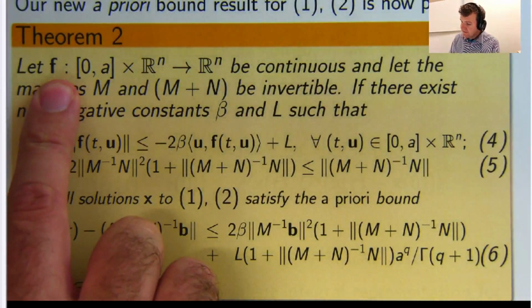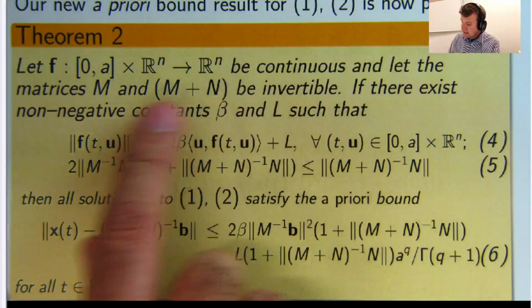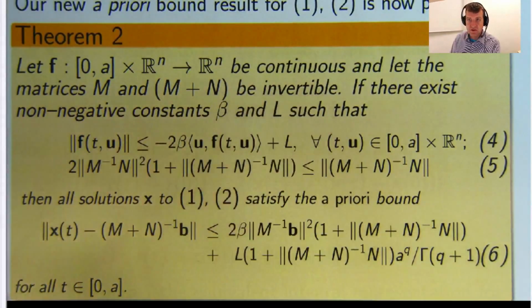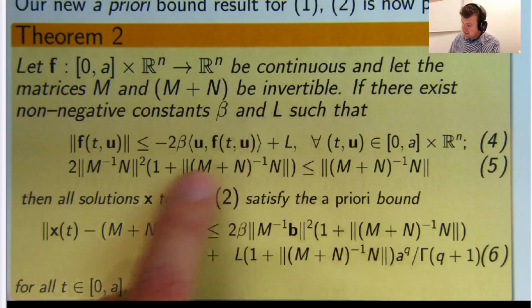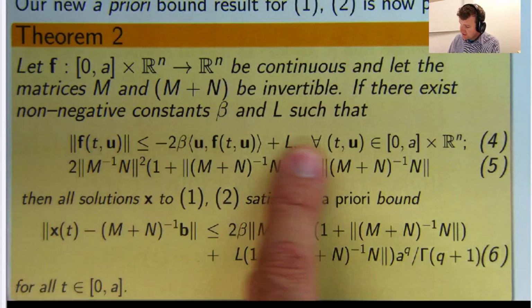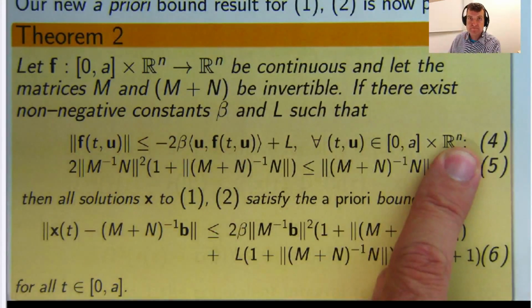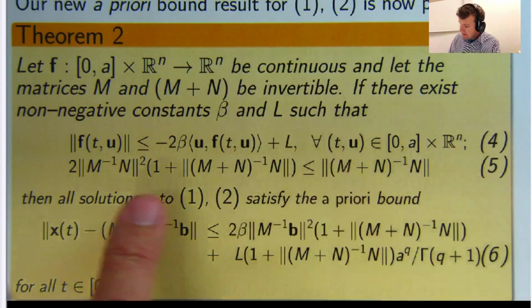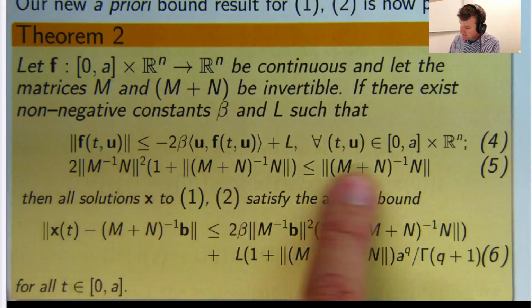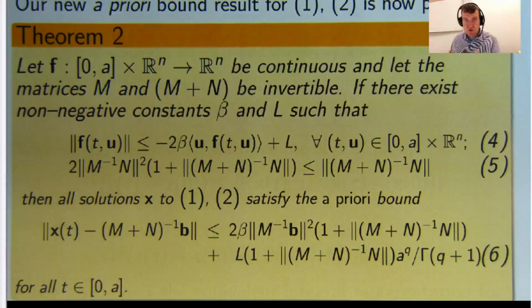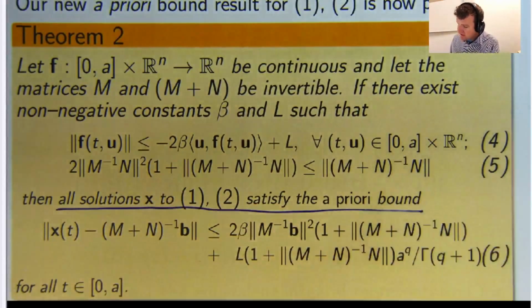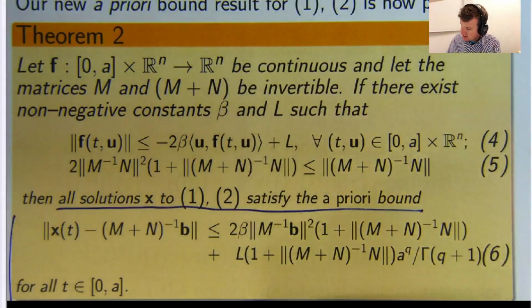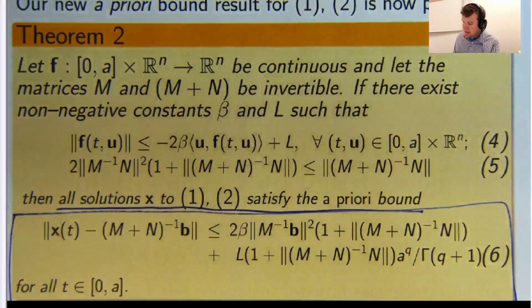Suppose our F is continuous. Let the matrices M and M plus N be invertible. If you have some non-negative constants beta and L such that F satisfies inequality 4 everywhere, and M and N satisfy inequality 5, so two inequalities there, then all solutions to the boundary value problem satisfy the following a priori bound.